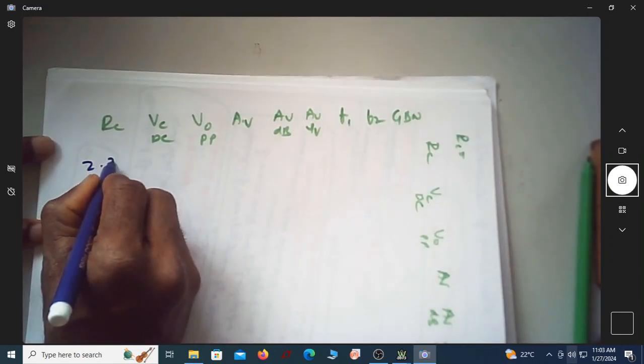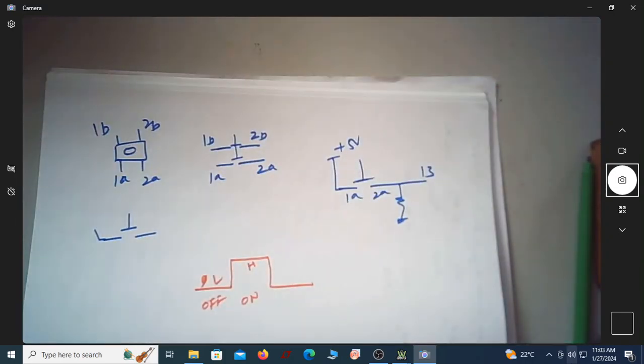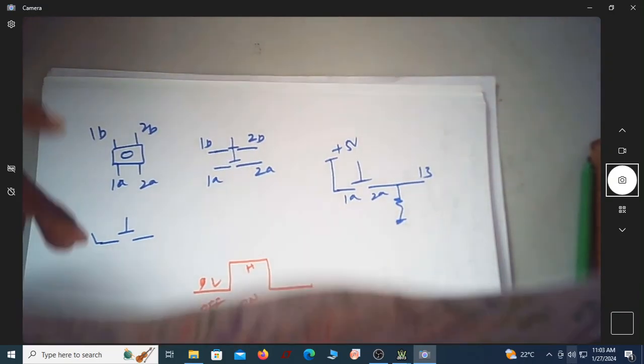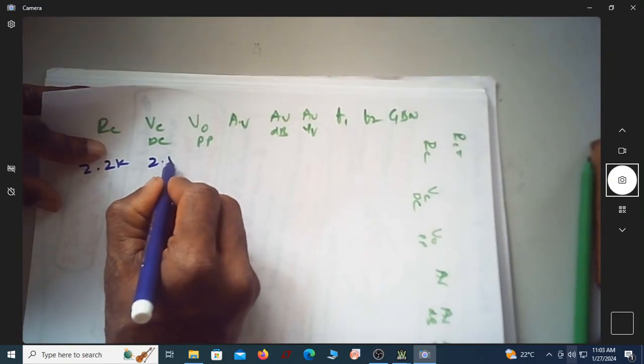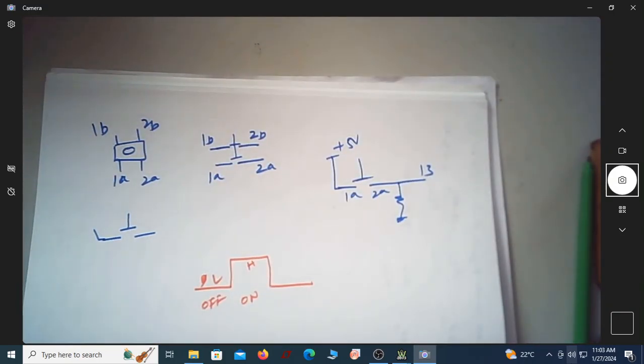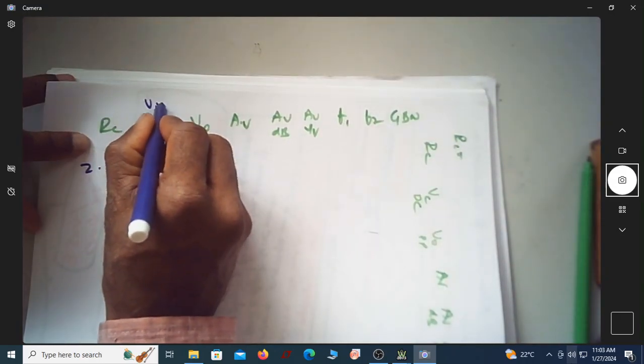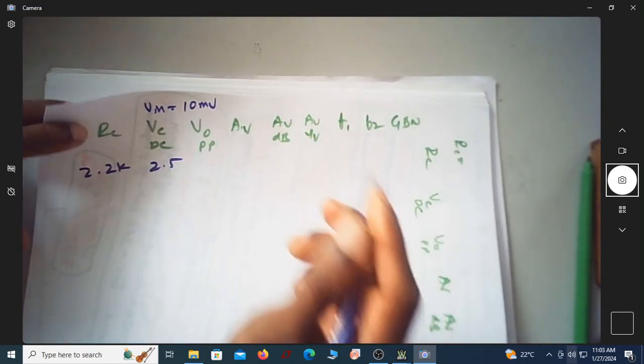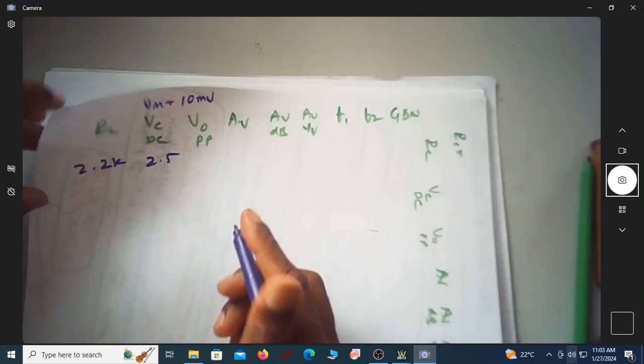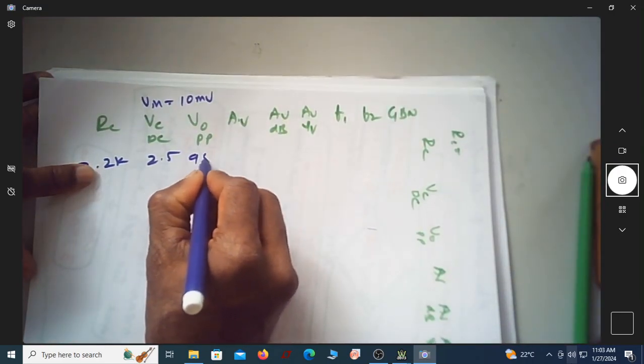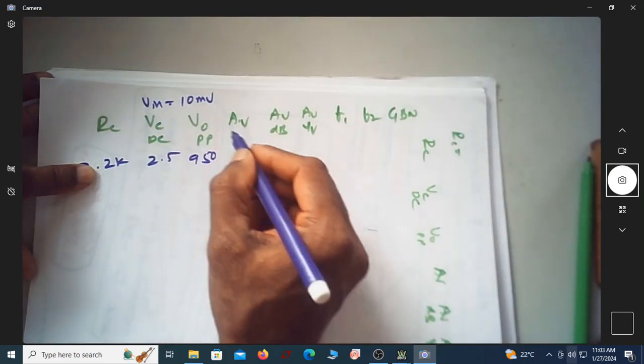This is 2.2K. The VC was found to be 2.5, and of course the input is common, 10 millivolt. Output peak to peak was 950. These two are in the time response.